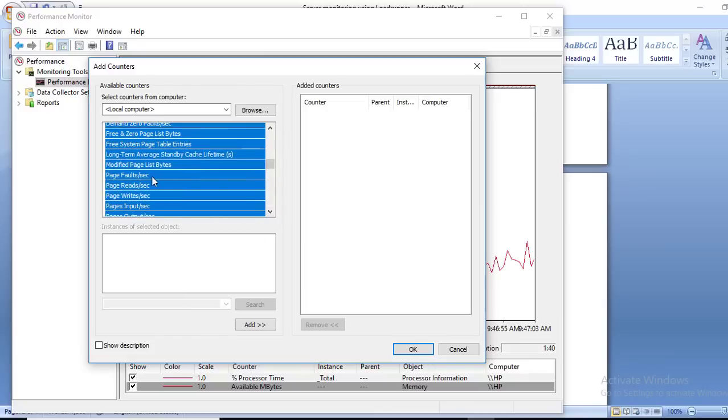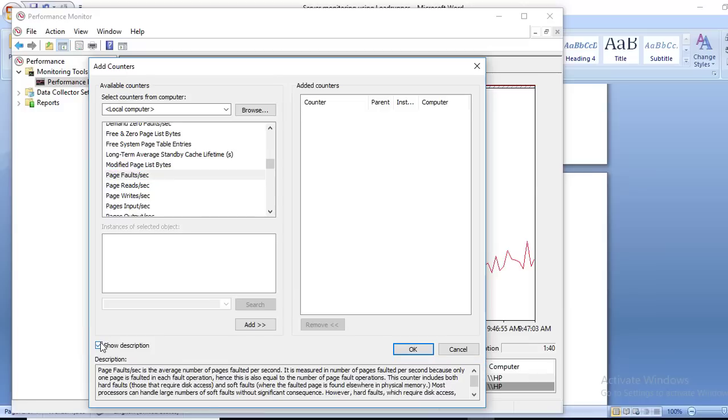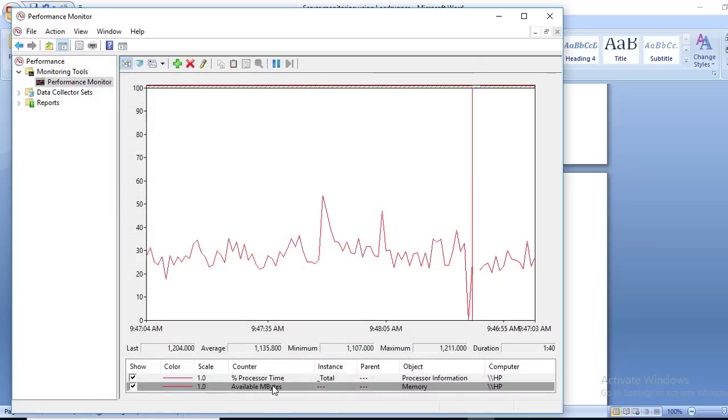Page faults per second, you can see it here. You can see the description: average number of pages faulted per second. So it should be less than 5. So these are the counters.